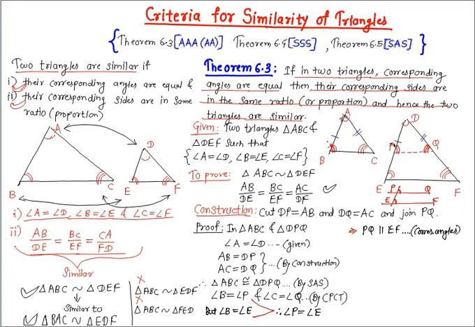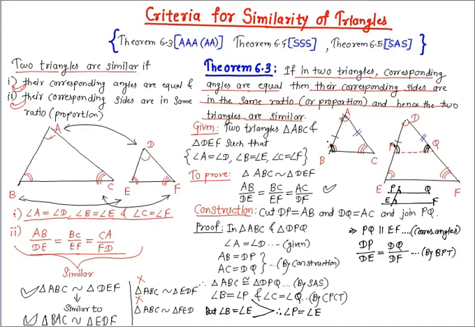Now in triangle DEF, we proved PQ is parallel to EF. So we can use the BPT theorem here. Rather, we can use the corollary of BPT. That is, we can say DP by DE is equal to DQ by DF. You can write it here by BPT.